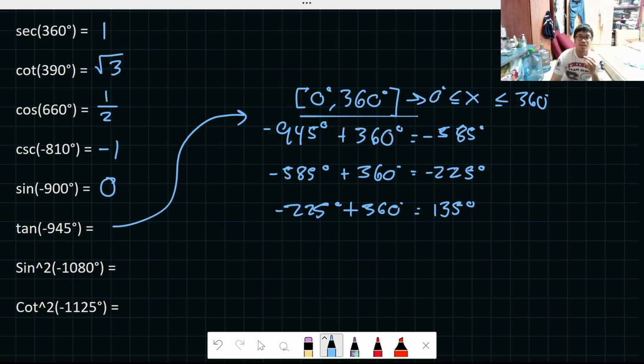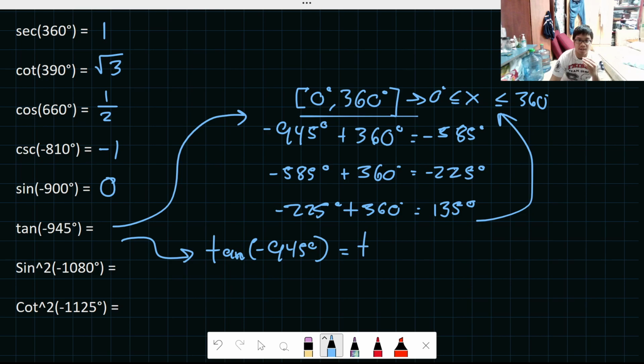All right. Now, since this one is within this interval, we can say that tangent of negative 945 degrees is just the same as tangent of 135 degrees. All right.